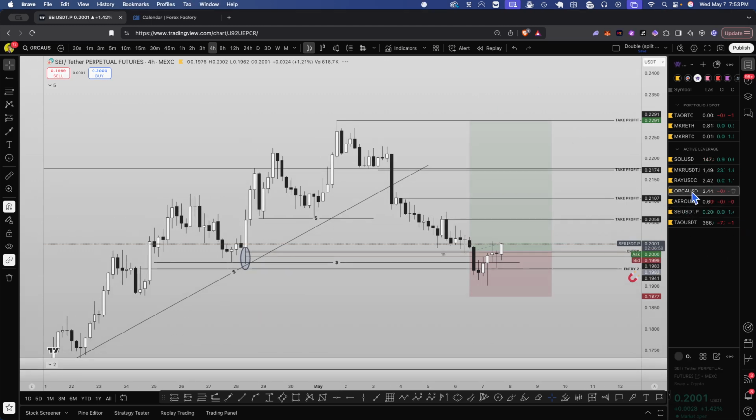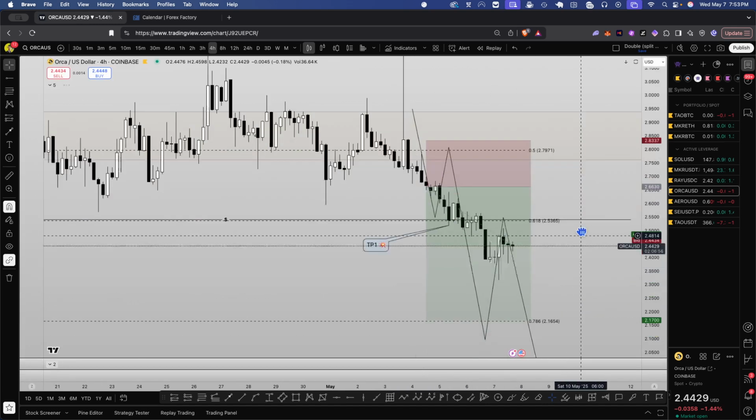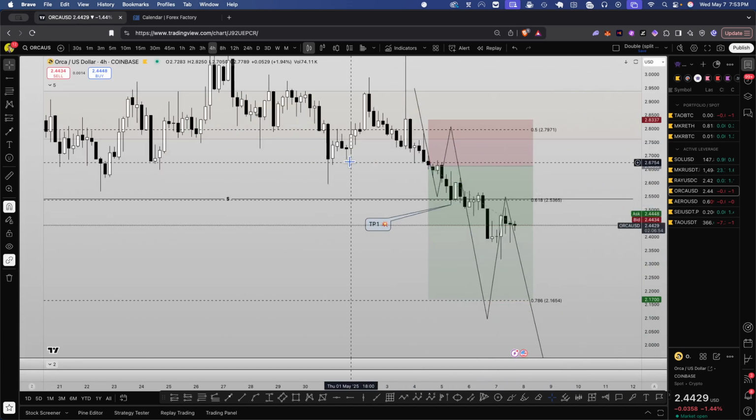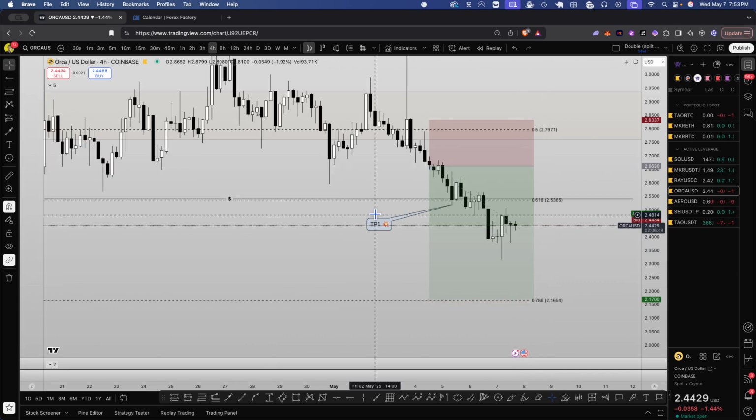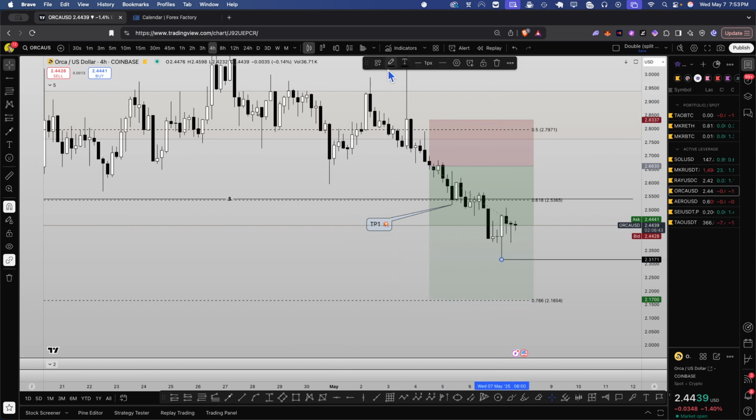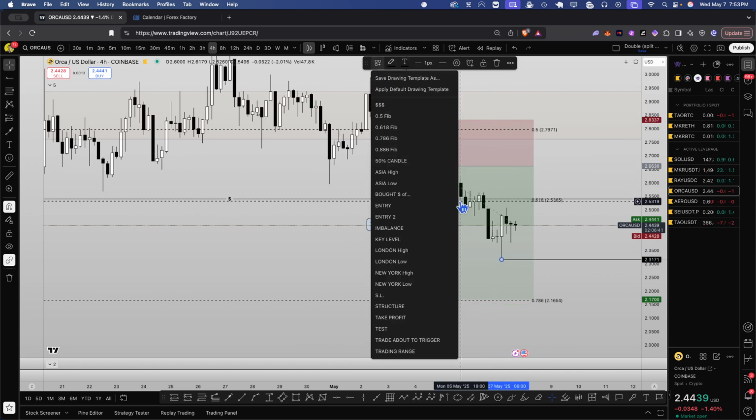We also had an ORCA setup, which is still going, and we absolutely sniped it. You can see TP1 was hit, and I'll probably say that this TP2 will likely get retested, and TP2 for ORCA is going to be this low down here.